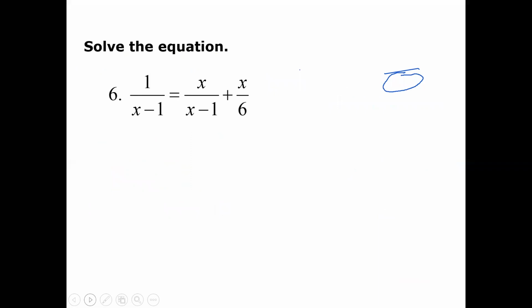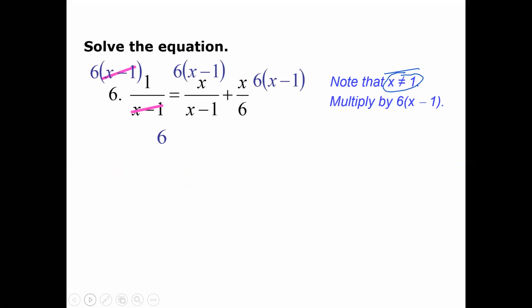How about this one? 1 all over x minus 1 plus x all over x minus 1 equals x over 6. So here, note that x should not be equal to 1. The LCD is 6 times x minus 1. Multiplying it by the LCD, you will have 6 times 1 equals 6, 6 times x equals 6x, and x times x minus 1, which is x squared minus x.